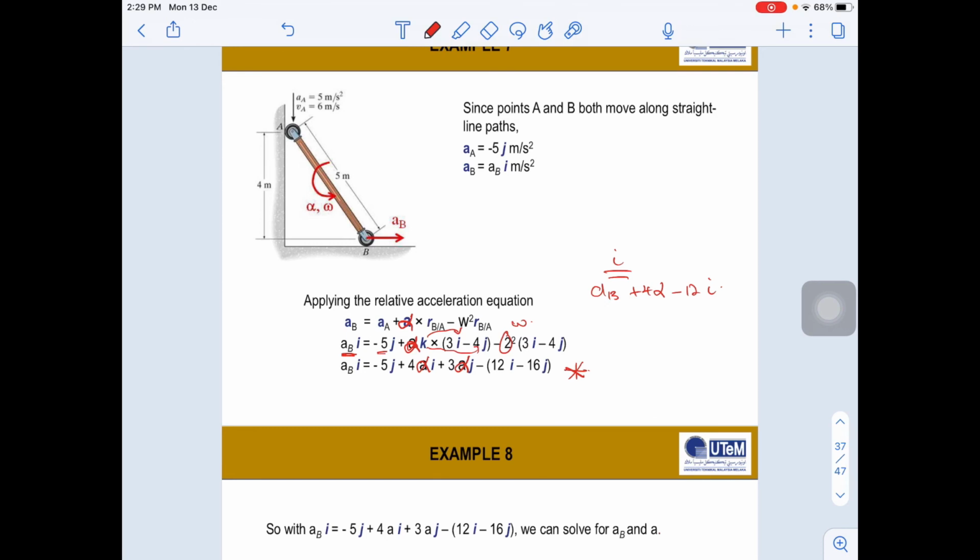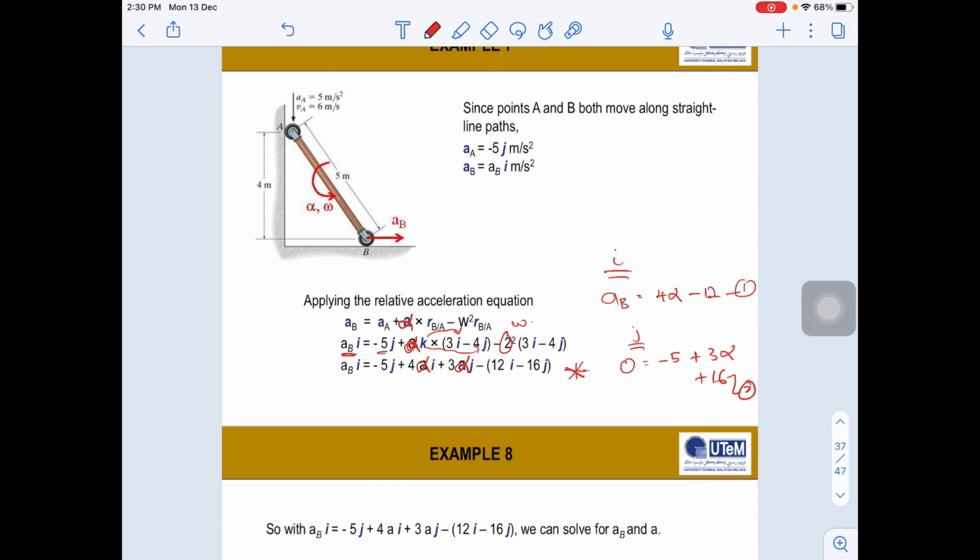So for I, AB is equals to 4 alpha minus 12. Okay, for J you should have 0 is equals to minus 5 plus 3 alpha plus 16. Okay, you should get what is your answer.